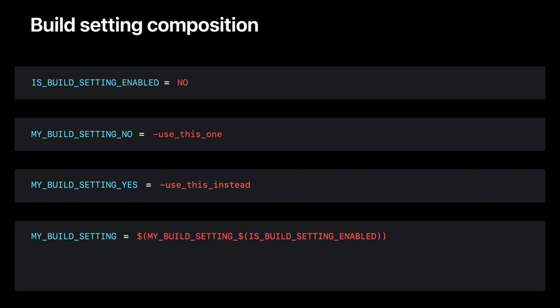Lastly, we define my build setting to have a value that is composed of both my build setting and is build setting enabled. Because build setting evaluation happens inside out, the innermost setting is evaluated and returns no, which is the value of is build setting enabled. Finally, the composed build setting no is evaluated to a value of use this one.